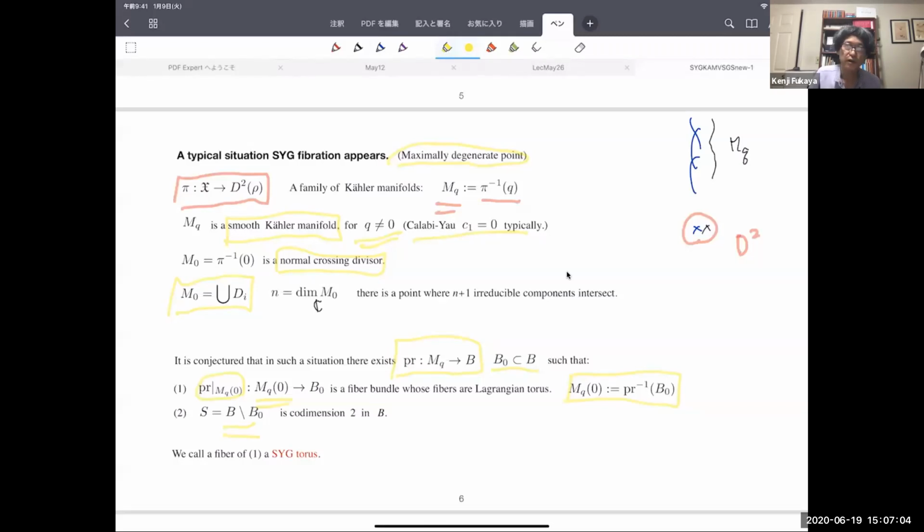That is now expected by many people, and this is called an SYZ fibration, and the regular fiber is called an SYZ torus.